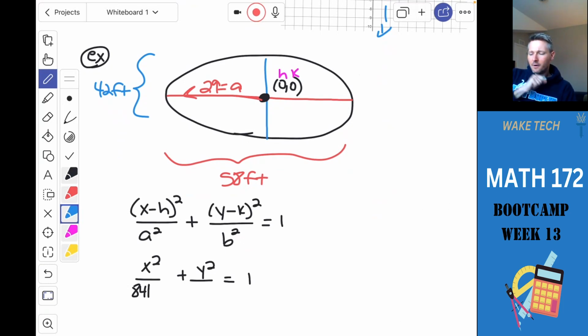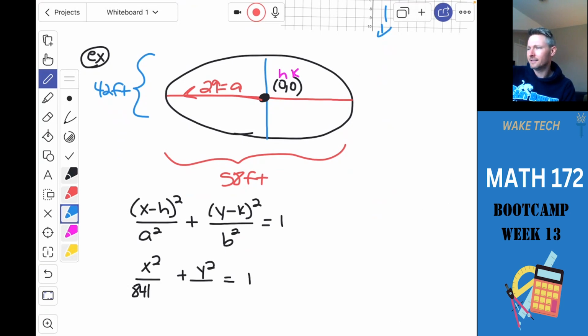We have a similar process for getting the b value, except since b is underneath the y term, it comes from the distance we would travel vertically to get to the outside of the ellipse.